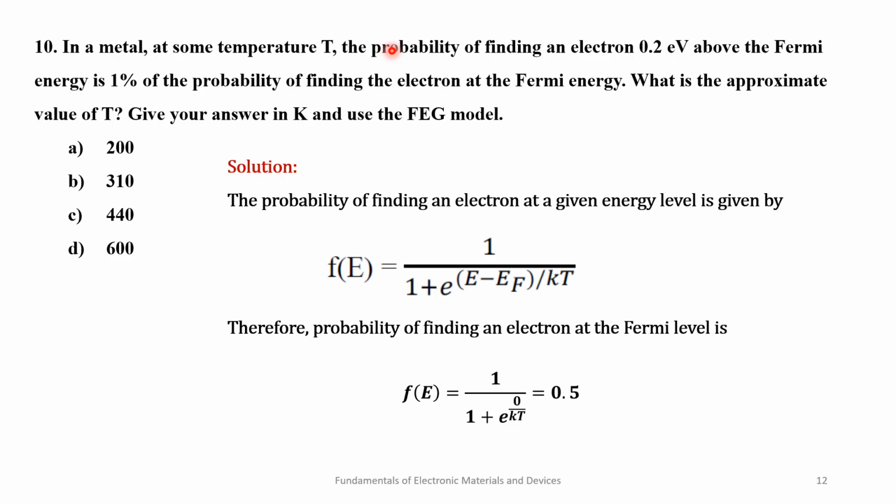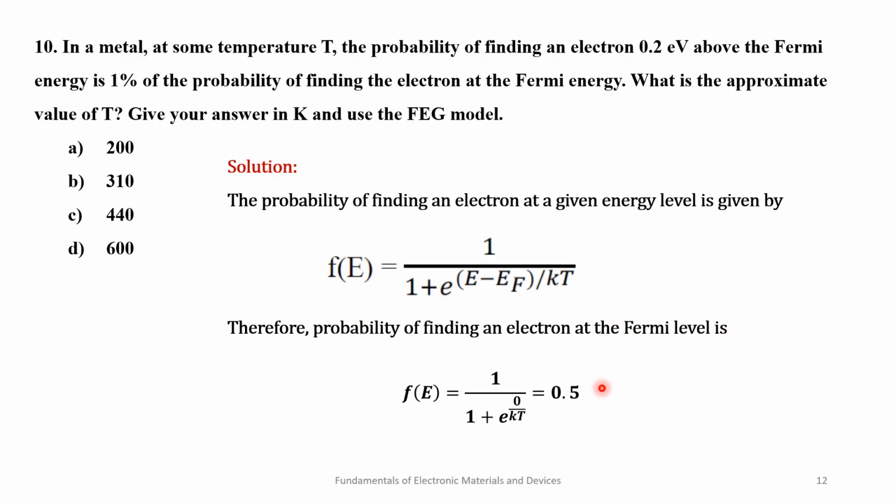Then see this sentence. Probability of finding an electron 0.2 electron volt above the Fermi energy. That is, when E minus EF is 0.2, then we will get some Fe value. That Fe value is 1% of this value. So is it clear? First we have to find out the value at Fermi level.